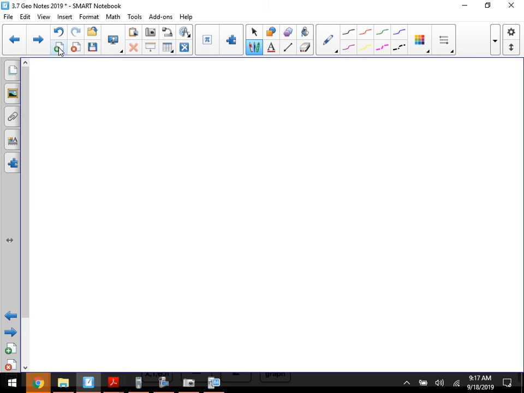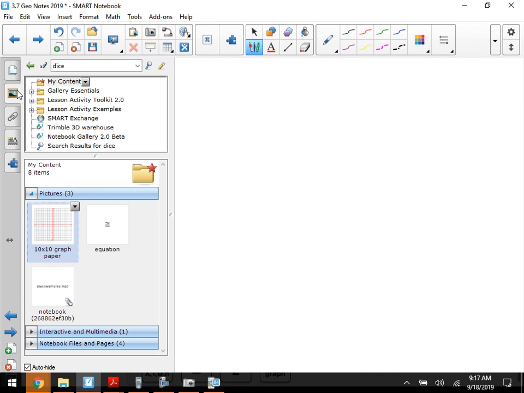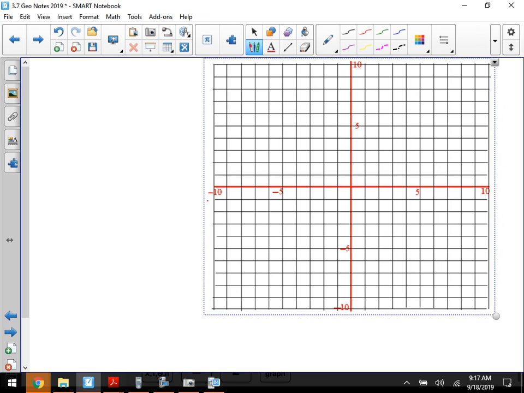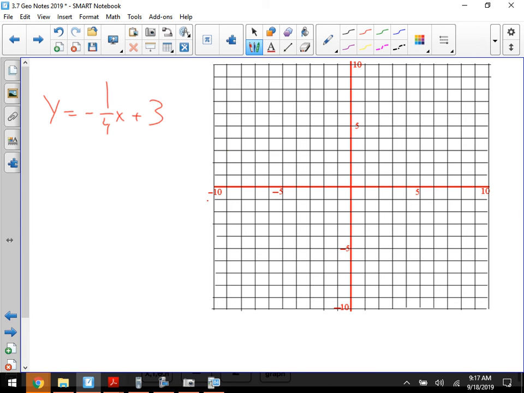Number 7 says sketch the graph of the following: y equals -1/4 x plus 3. This goes back to the idea of where does that negative float? Where should we think that it goes to? The top. Always think of it as the numerator is the negative value.